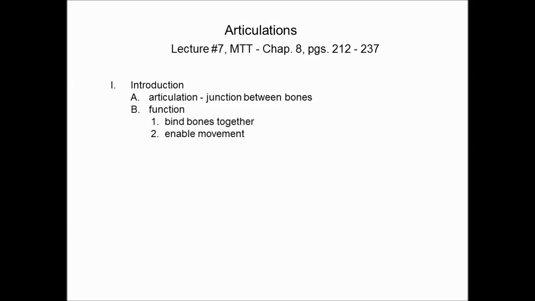The term really means, as far as an anatomist is concerned, a connection between two bones. And you'll see some of them are far more mobile than others. So the function of an articulation is, first of all, to bind the bones together. That's universal. But second of all, to enable movement, and the amount of movement and the class of movement is variable, as we'll discuss today.